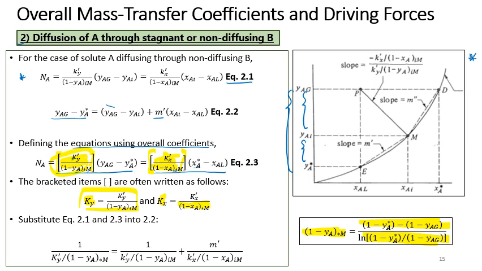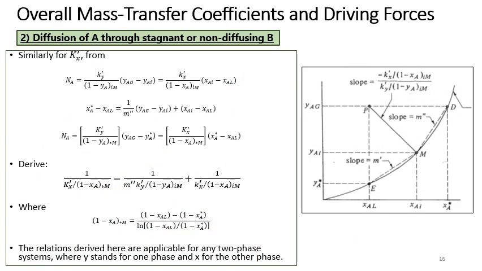So here you have 3 equations. If you substitute equations 2.1 and 2.3 into equation 2.2, you can try doing the derivation yourself, then you will end up with this expression here. How are we going to use this expression? Just now we talked about the derivation in terms of the gas phase.